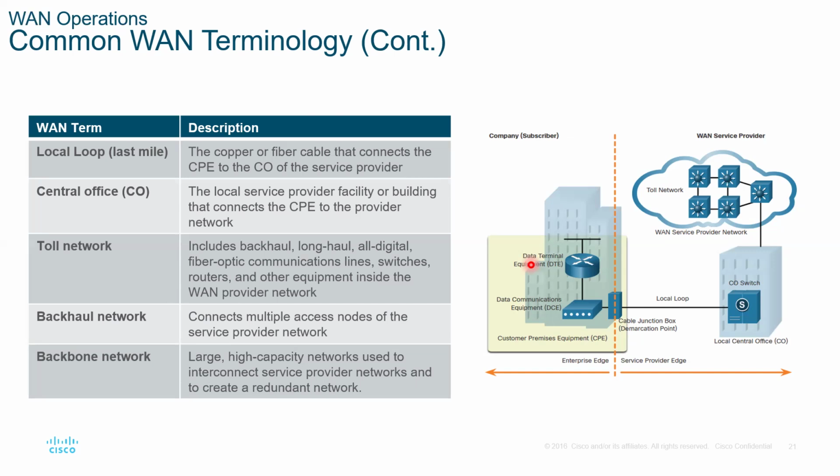As of today, I think the local loop is more dominated by fiber than copper. Then we have the central office itself, the local service provider facility or building that connects the CPE to the provider network. So the CO connects the local loops.